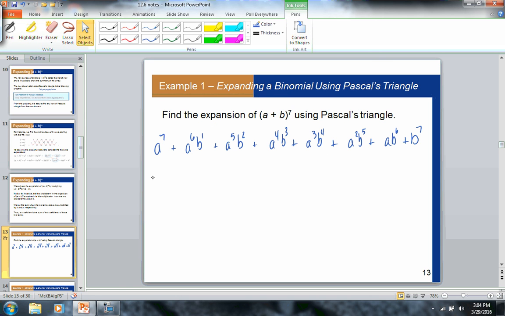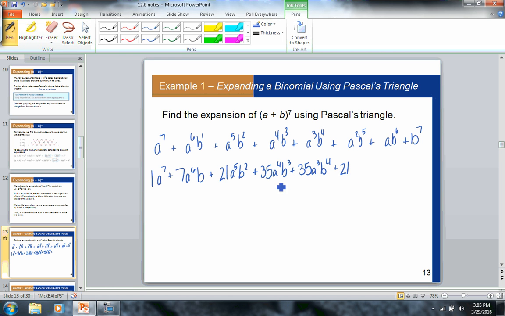So that means I'm going to have 1 a to the 7th, and 7 a to the 6th b, and then 21 a to the 5th b squared, 35 a to the 4th b to the 3rd, and then another 35 a to the 3rd b to the 4th, and then 21.